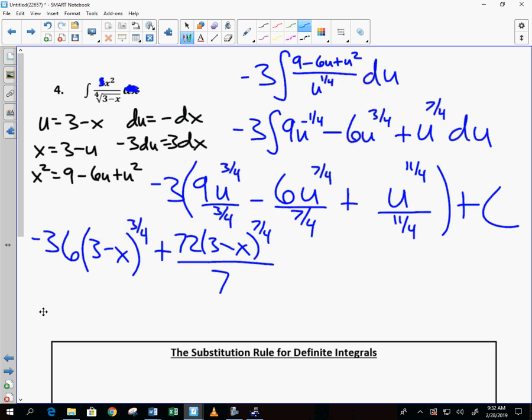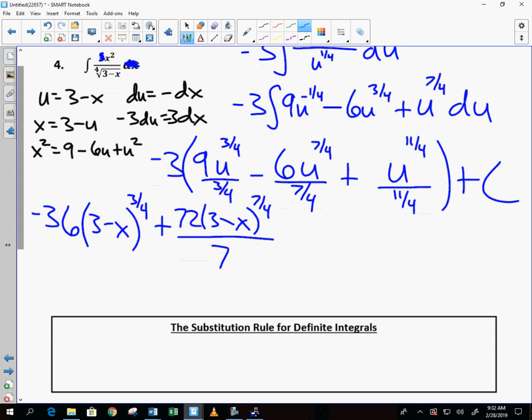So plus 72 times 3 minus x to the 7/4 over 7. Good, I've got that one. The next one is going to be minus. Divide by 11/4, so I can multiply by 4/11. So I'll get 12/11 times 3 minus x to the 11/4, plus a constant.